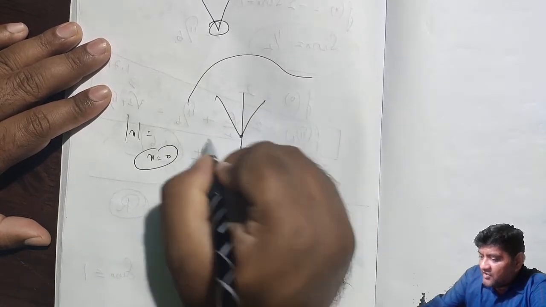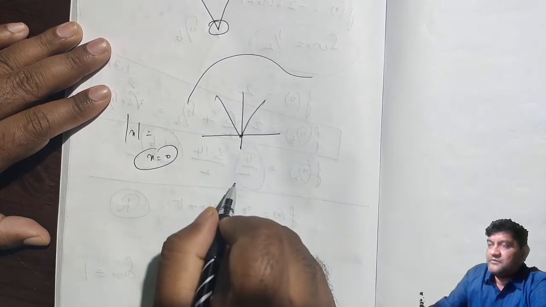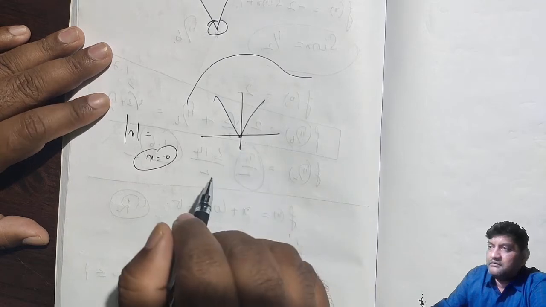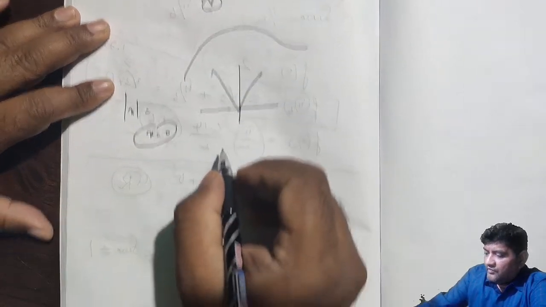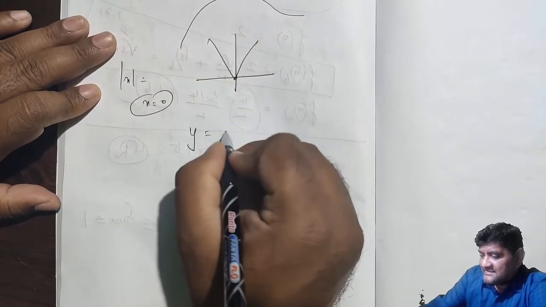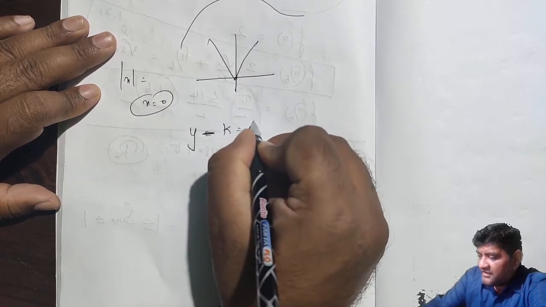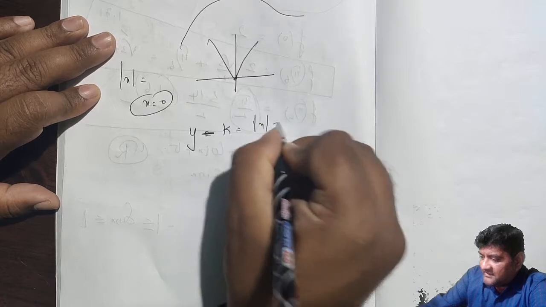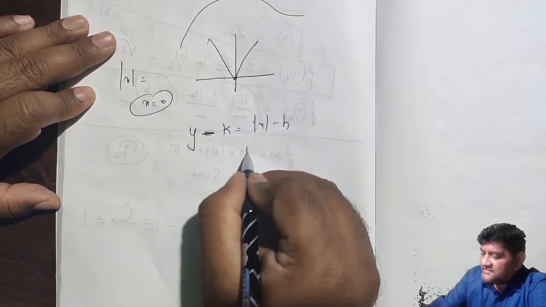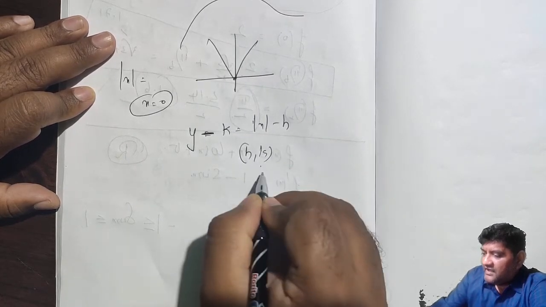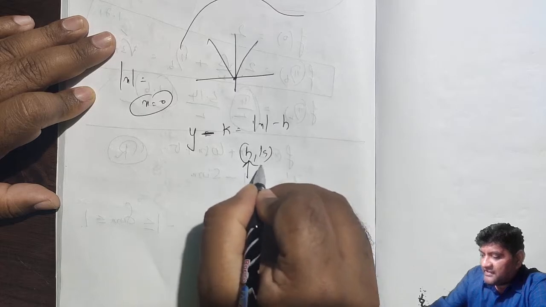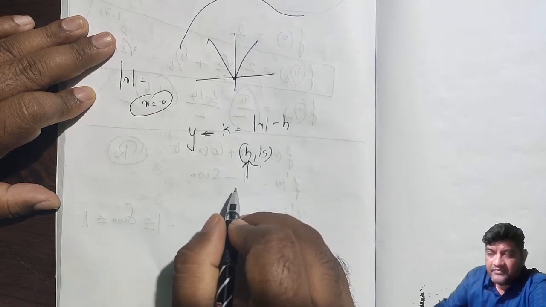Understand that the mod x function is passing through 0, 0. That's the peak. So if you have the equation as y minus k is equal to mod x minus h, then the peak is at h, k. And it's not going to be differentiable at the point x is equal to h.